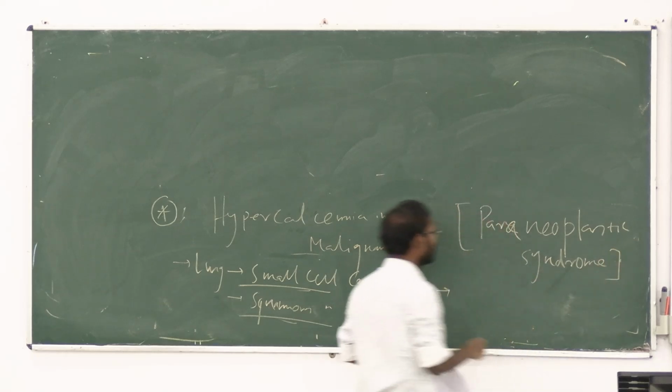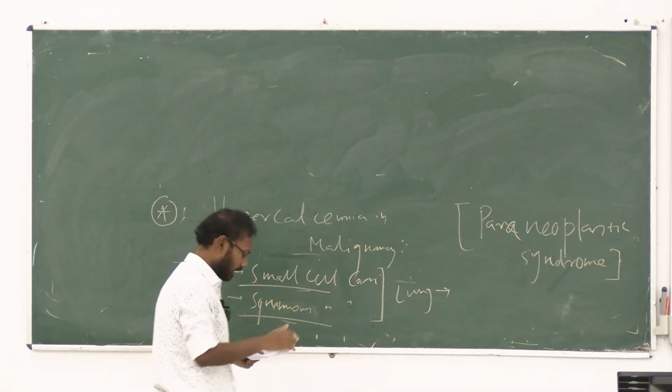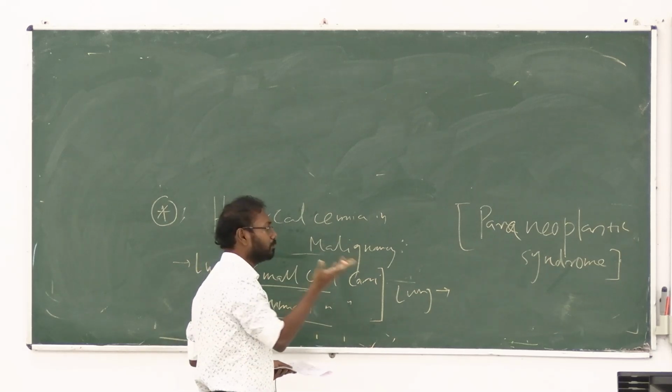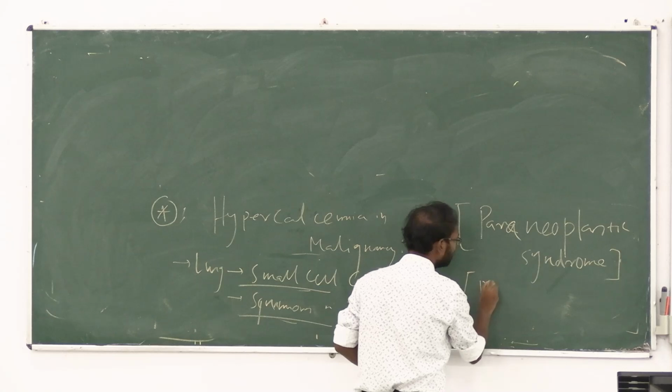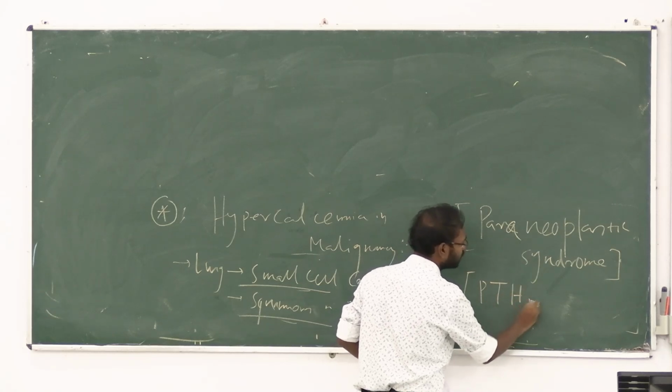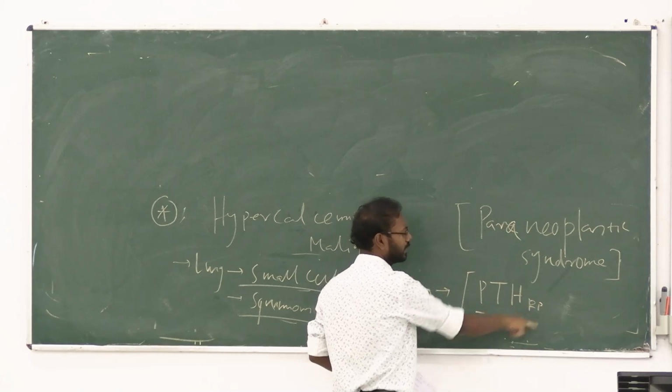Carcinoma in lung, and it is dependent upon one peptide, that's PTHrP, RP in short. Why? PTH related peptide. This is a protein.